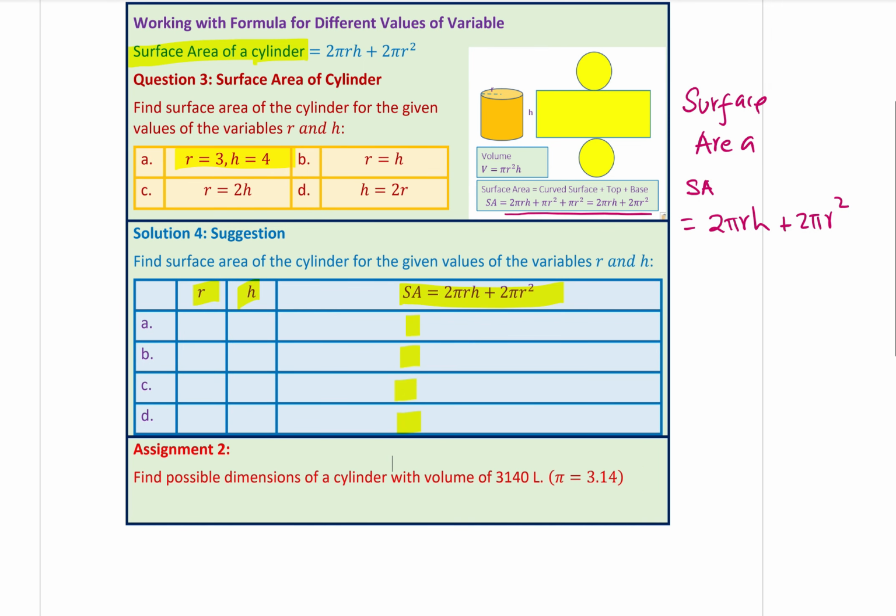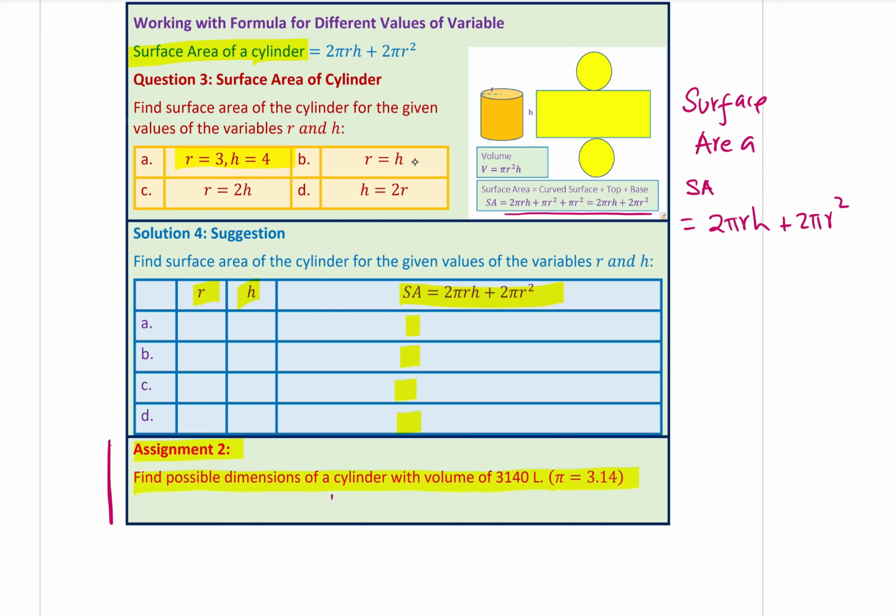The assignment is: find possible dimensions of cylinder with volume of 3140 liters, right? And the pi value taken is 3.14. So I'd like you to note this particular assignment and submit it next week. Is that clear? You need to find possible dimensions of cylinder with volume of 3140.